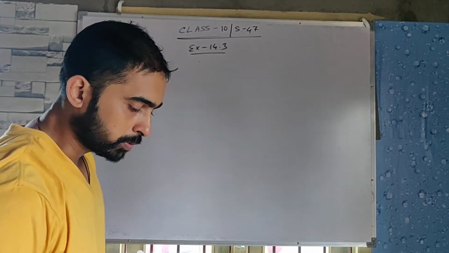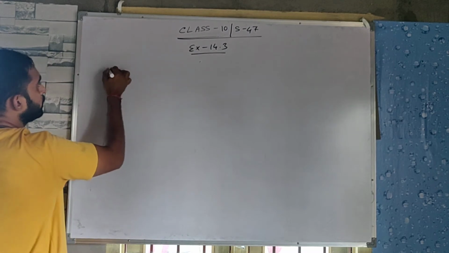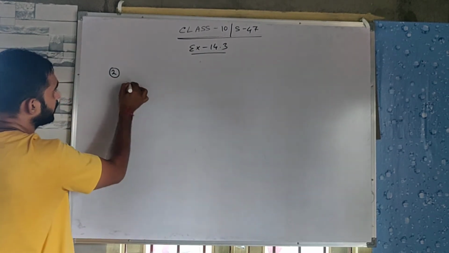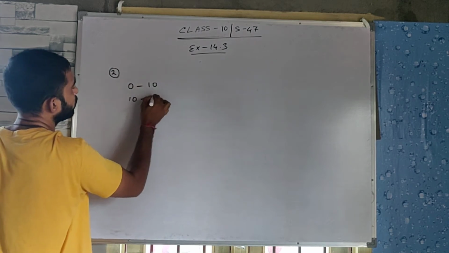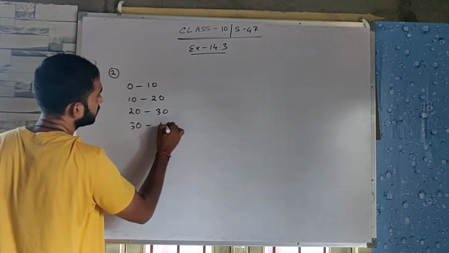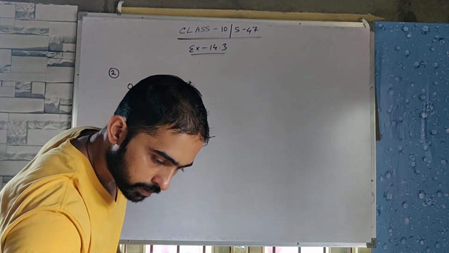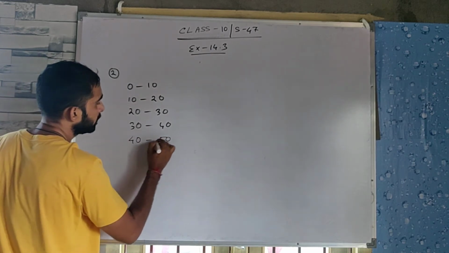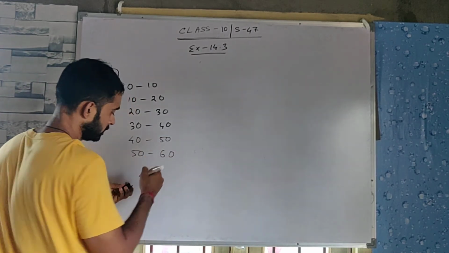If the median of the distribution is 28.5, here the median is given, and we have to find out the values of x and y. The class intervals given are 0 to 10, 10 to 20, 20 to 30, 30 to 40, 40 to 50, then 50 to 60.